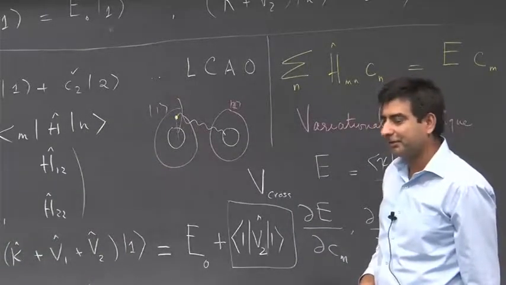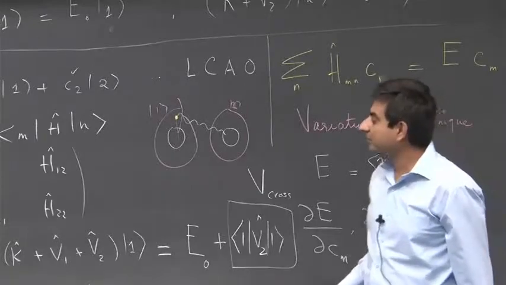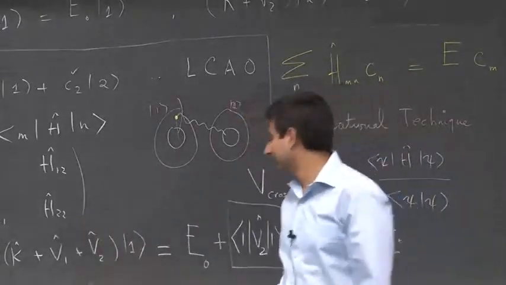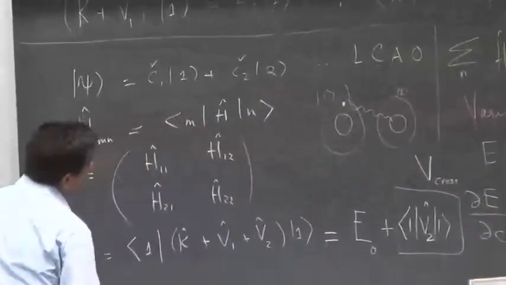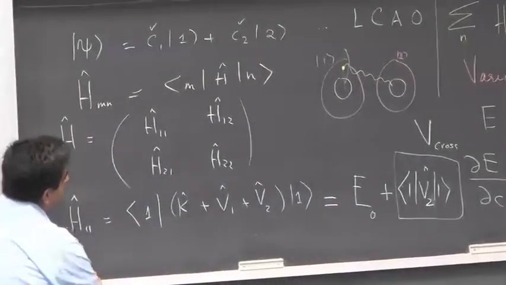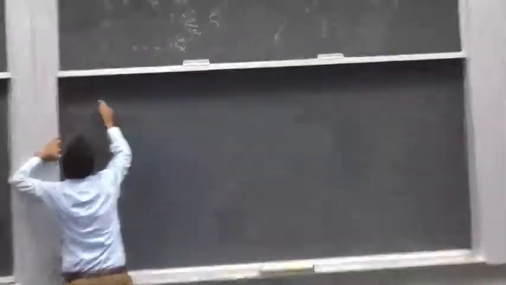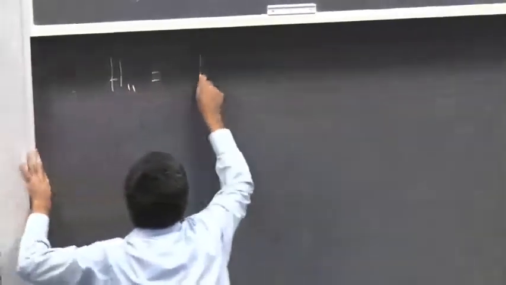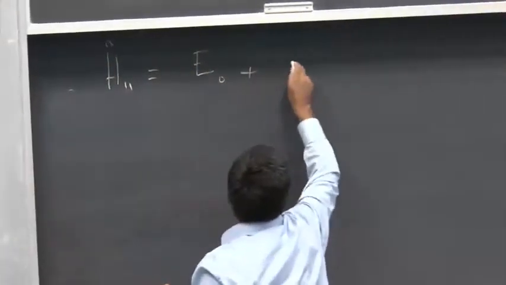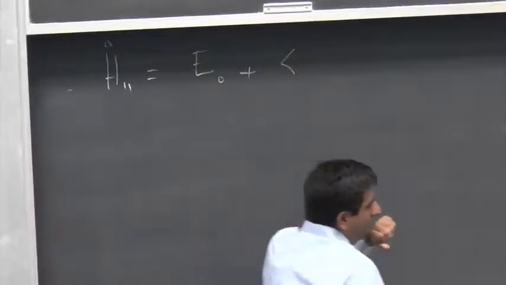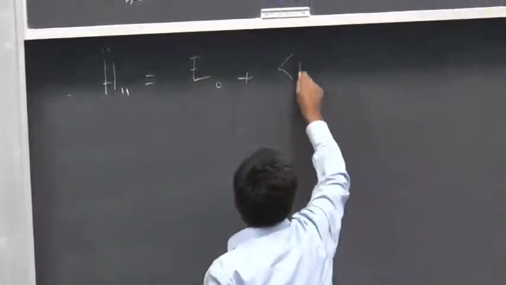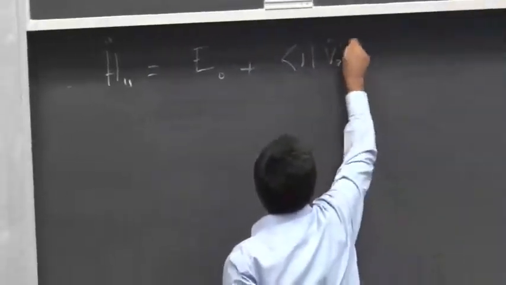Alright. Now let me go to this term. So H11 is E naught plus V1, ket 1, bra 1, V2, 1.